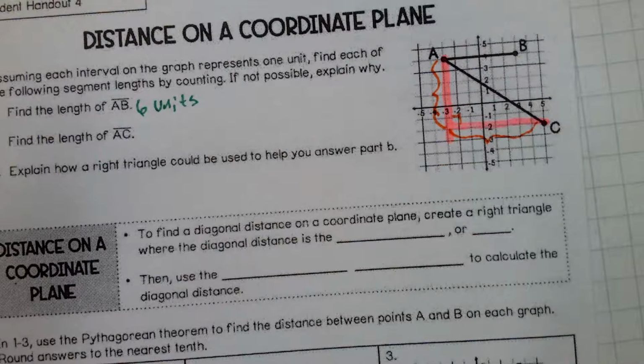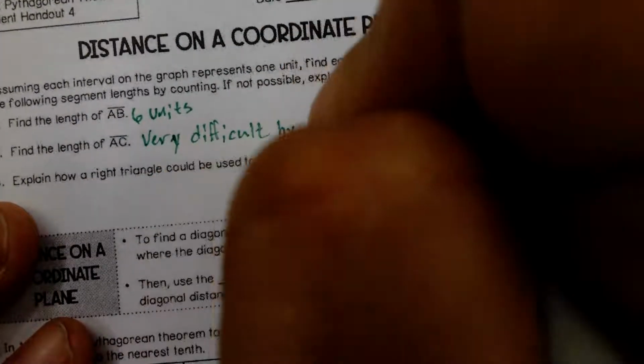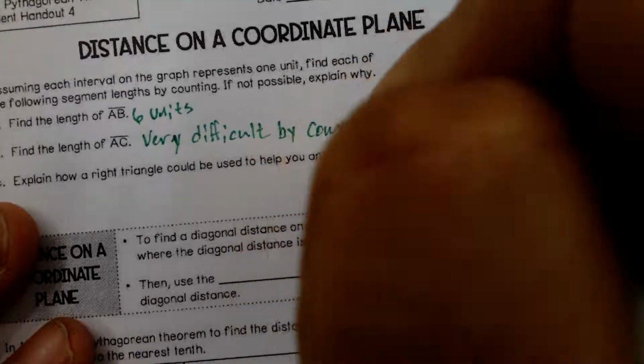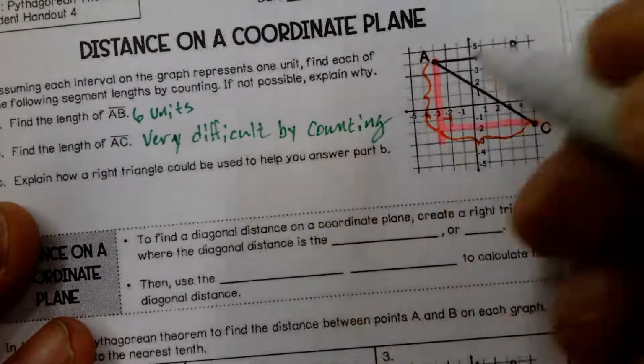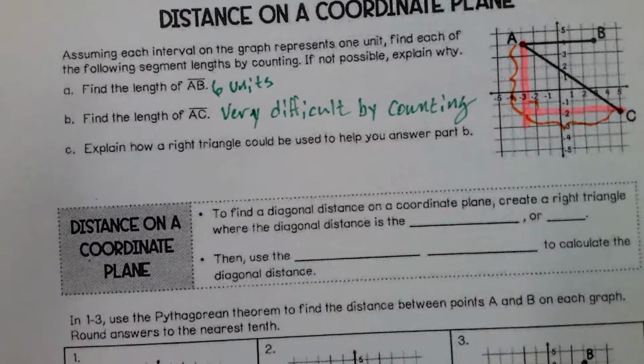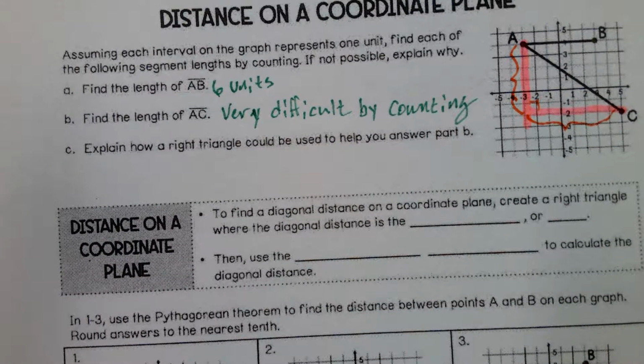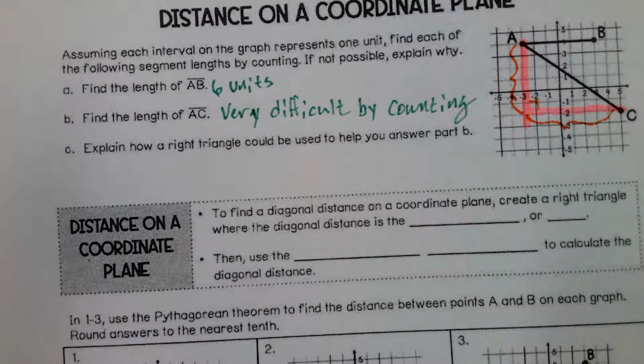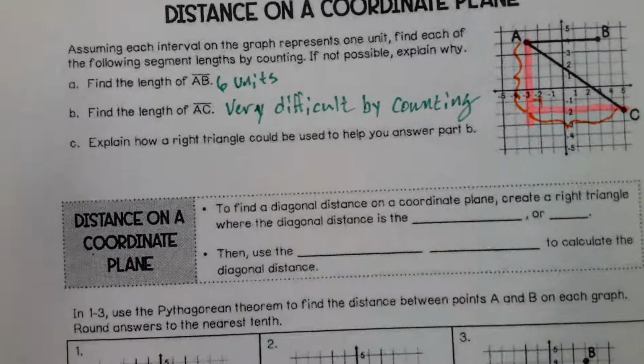So let's just answer this. For this, we're going to say very difficult. Almost impossible by counting. And what can we say for explain how a right triangle could be used to help answer part B? What are we basically doing here?